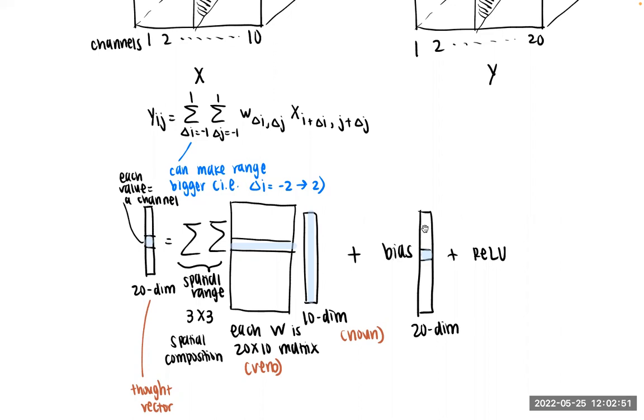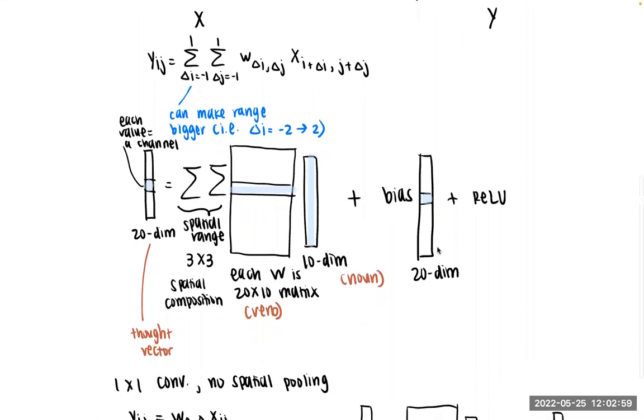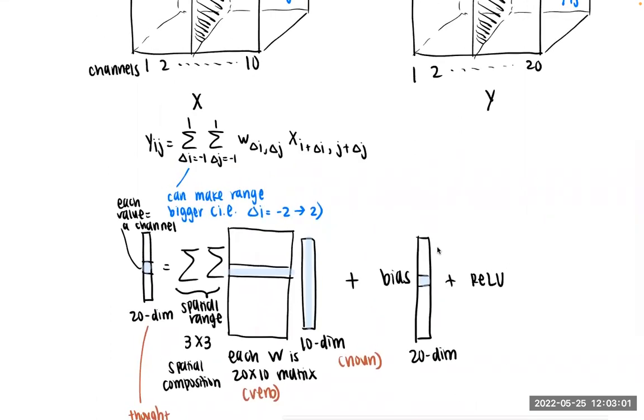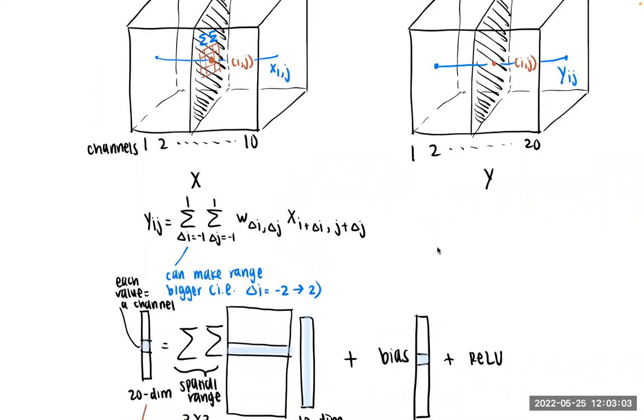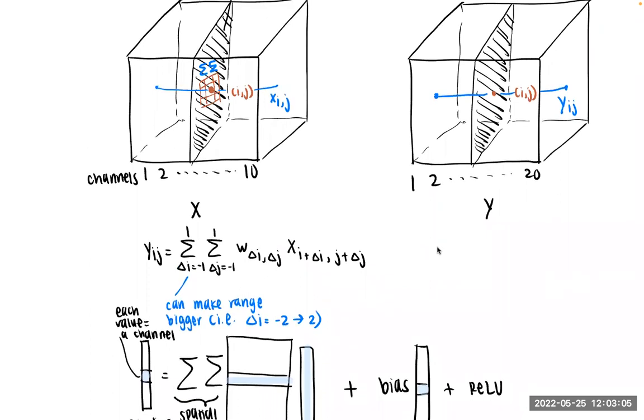We can also add a bias, which is also 20-dimensional, and then apply ReLU rectification or sigmoid rectification. Okay, so that's the basic idea. So basically, Yij is a vector that is a composition of the 9 vectors in this X layer.